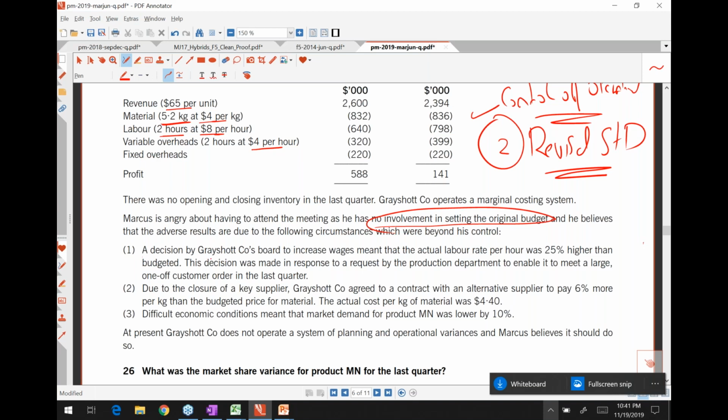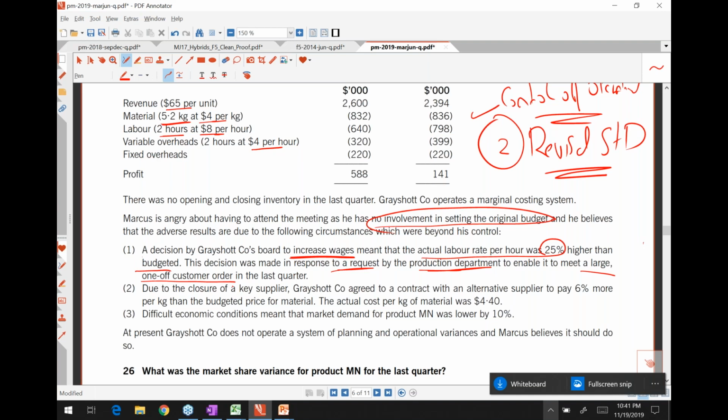A decision by the company's board to increase wages meant that the actual labor rate per hour was 25% higher than the budget. This decision was made in response to a request by the production department to enable it to meet a large one-off customer order in the last quarter. Come on.